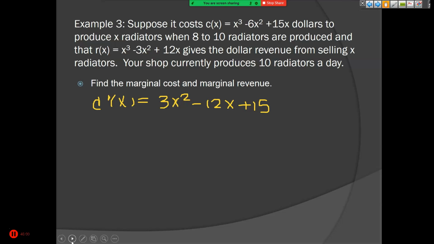Find the marginal revenue. So that's the derivative of the revenue function. So you have marginal cost and marginal revenue.